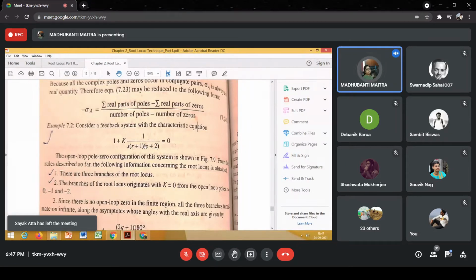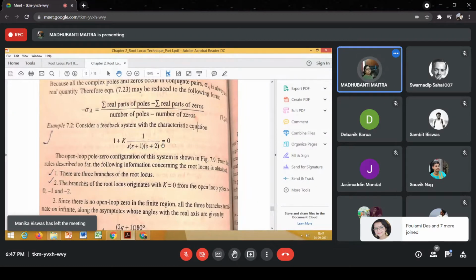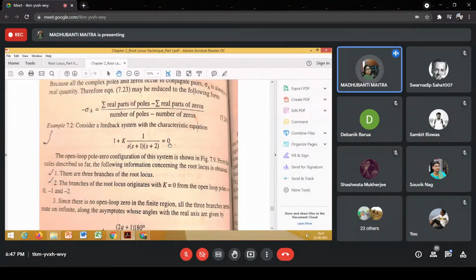So this equation can be represented as k by s into s plus 1 into s plus 2 equal to minus 1. From that we can express k as a function of s, and k will be given by k is equal to minus s into s plus 1 into s plus 2.